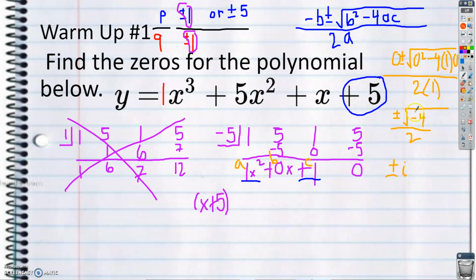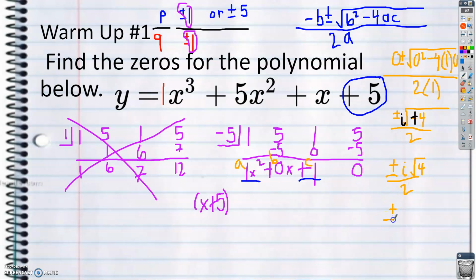So I'm going to make it positive. And when I make it positive, then an i is going to be out there in the front. Okay, so now I have i times the square root of 4 over 2.